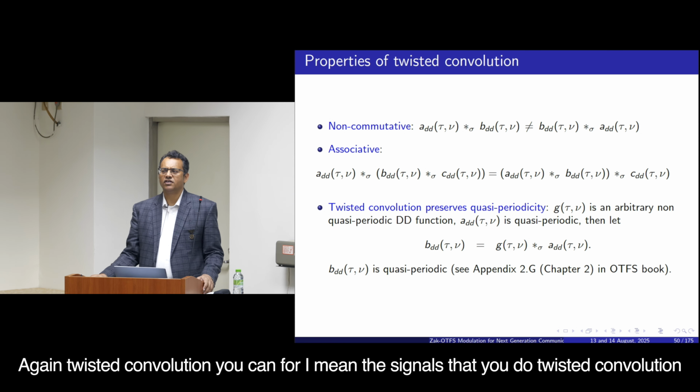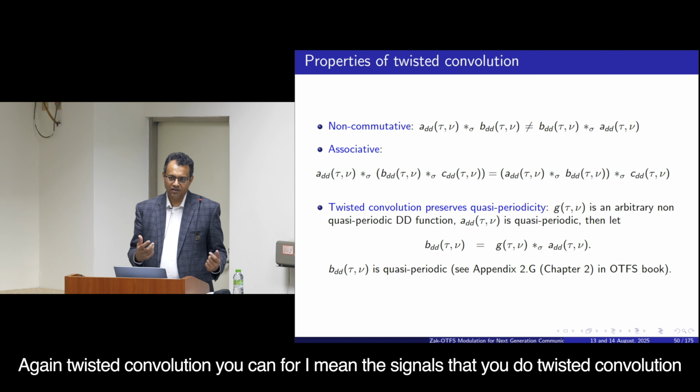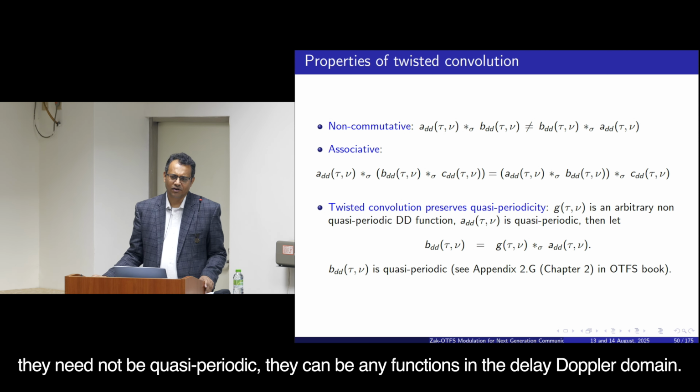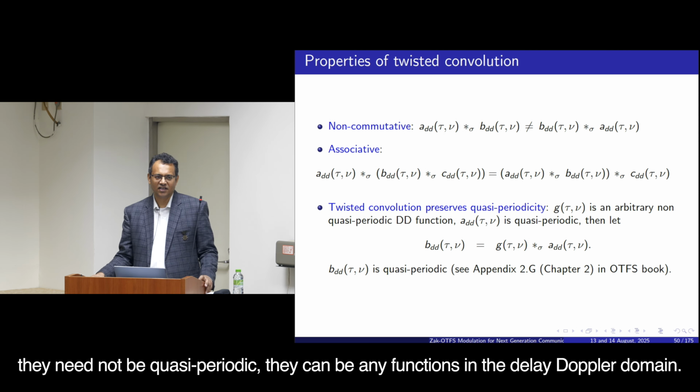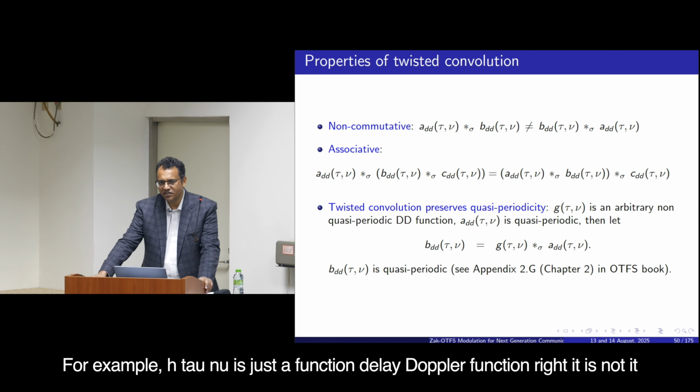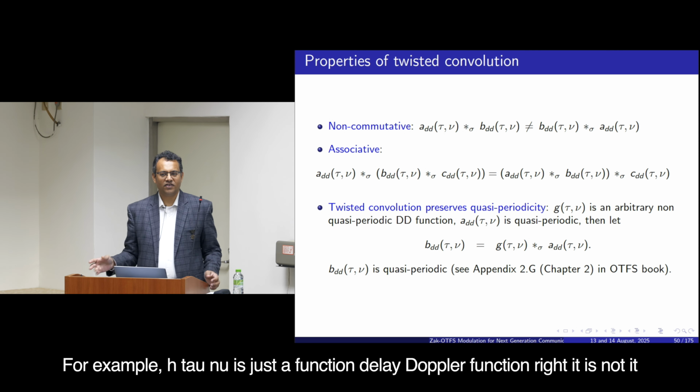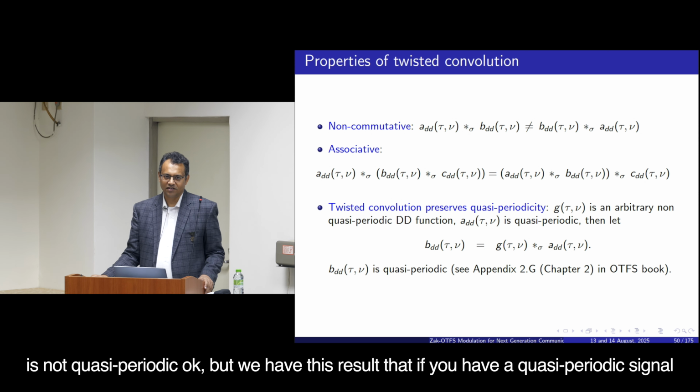Again, the signals that you do twisted convolution on need not be quasi-periodic. They can be any functions in the delay Doppler domain. For example, h tau nu is just a delay Doppler function, right. It's not quasi-periodic, okay.